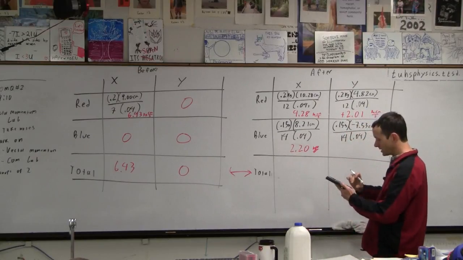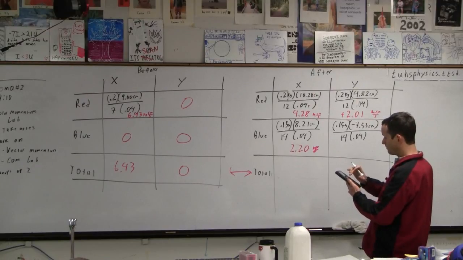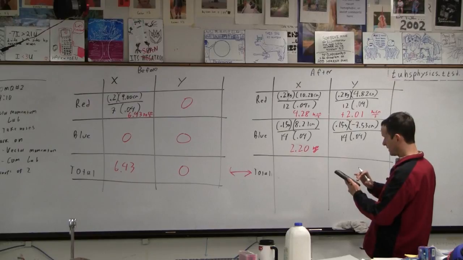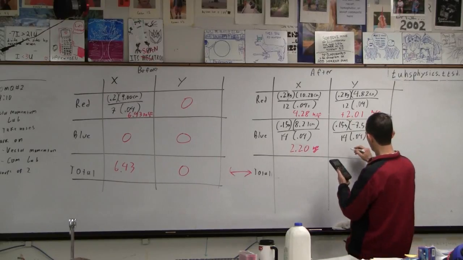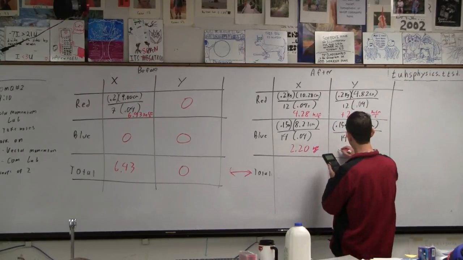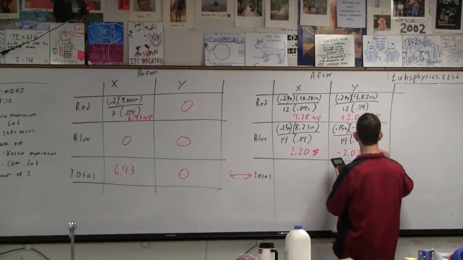Again, I can go second entry, and all I need to do is change the 8.21 to negative 7.53. And this might be upsetting to some of you, I'm getting negative 2.02 kilograms, centimeters per second.